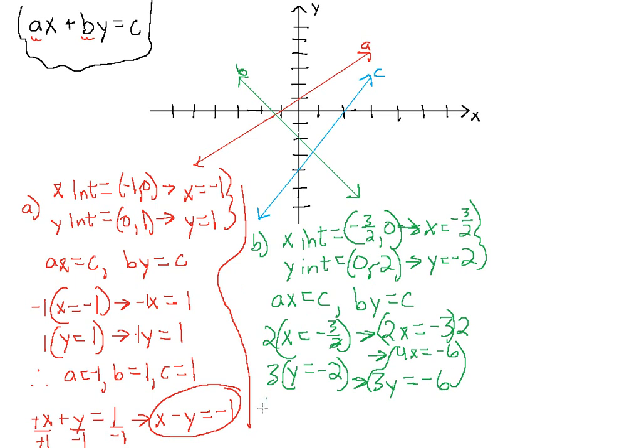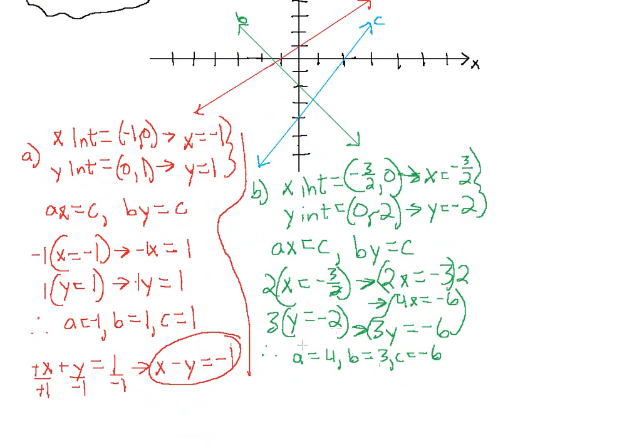So we can say that a equals 4, b equals 3, and c is minus 6. And from that, we can write our equation in standard form. We know a times x, or 4x, plus b times y, or 3y, equals c, which is minus 6. And that's all there is to it.